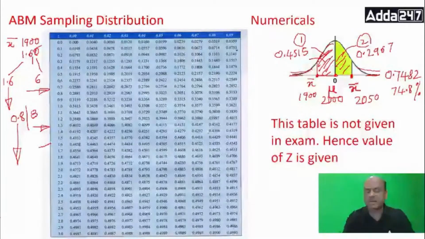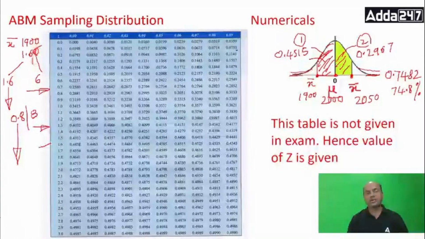This is the probability. So how to find out the probability? Kindly note, you have to divide Z into two parts. The first part you have to search vertically, the second part you have to search horizontally. Now suppose you get this Z as 1.66, how will you search?